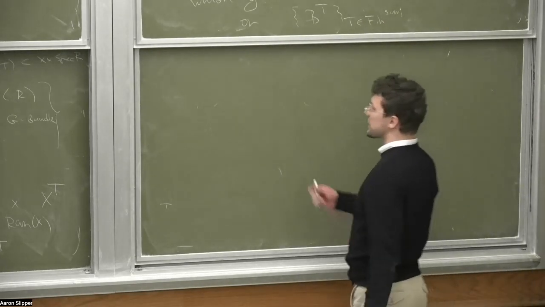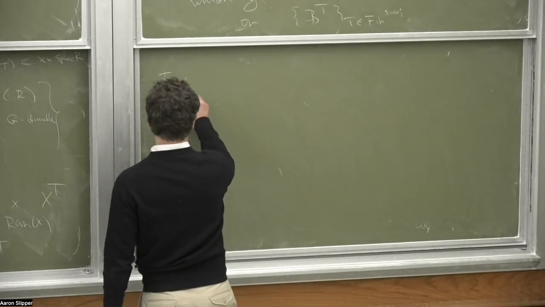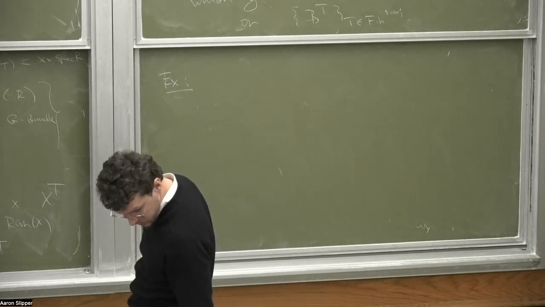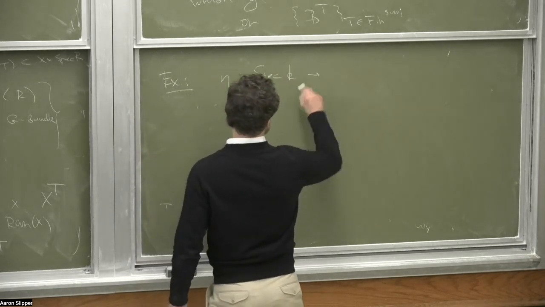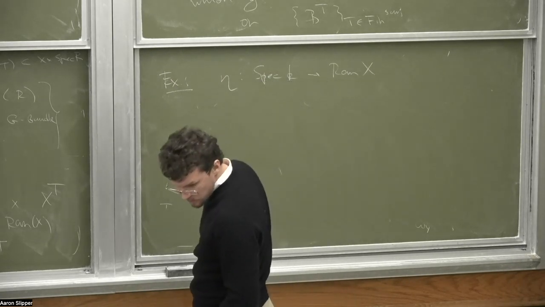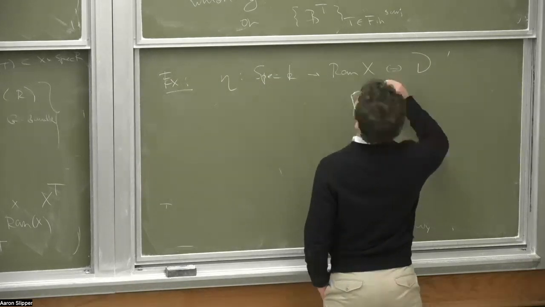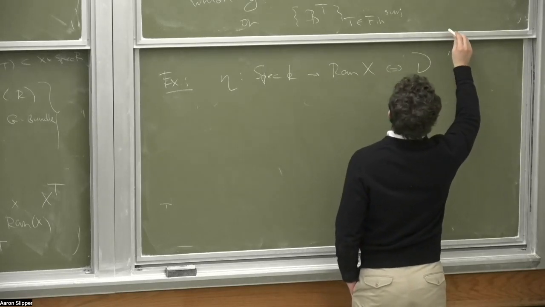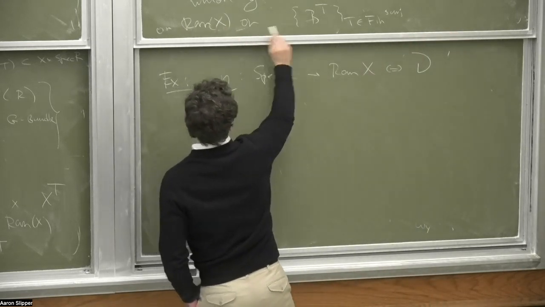Now, so to maybe partly answer the question, let's compute an example of some stalks of this sheaf. So assume we have a geometric point from spec A to run X. And so this corresponds to a sheaf structure on X on this collection of things.